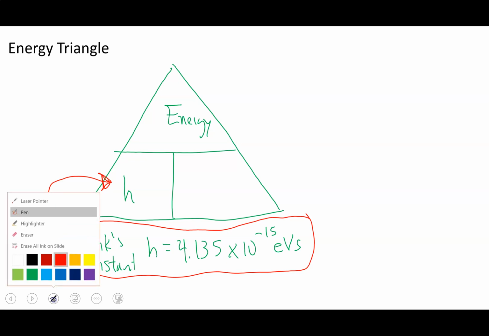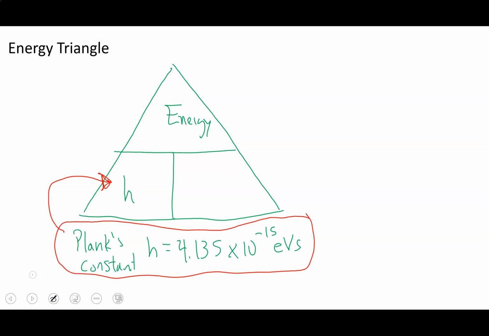Now when we start to look at the other corners of the triangle, this is where we're going to have our frequency. Okay, so this is our frequency. And frequency is going to be in hertz. So you need to have hertz in order to multiply times the Planck's constant so that you end up with your energy in the units of electron volts.